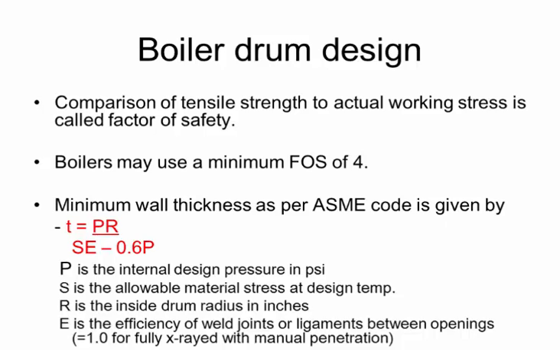S is the allowable material stress at design temperature. R is the inside drum radius in inches. So again, if I've given it to you as 0.5 of a meter, you need to convert that to inches, and only then can you use this formula. E is the efficiency of the weld joints or ligaments between openings. Say for instance, it equals 1 for fully X-rayed with manual penetration. So that's the value of E.